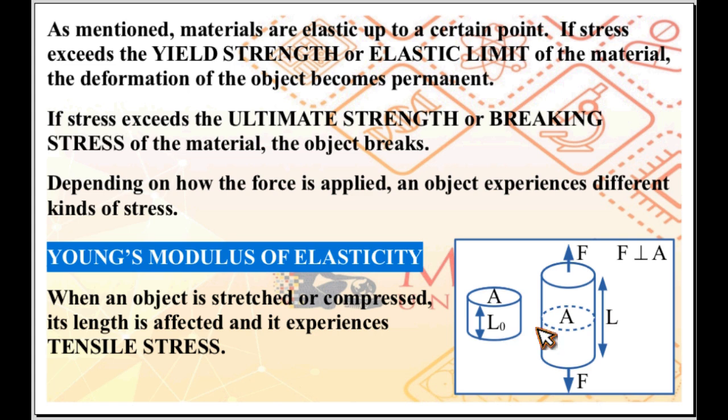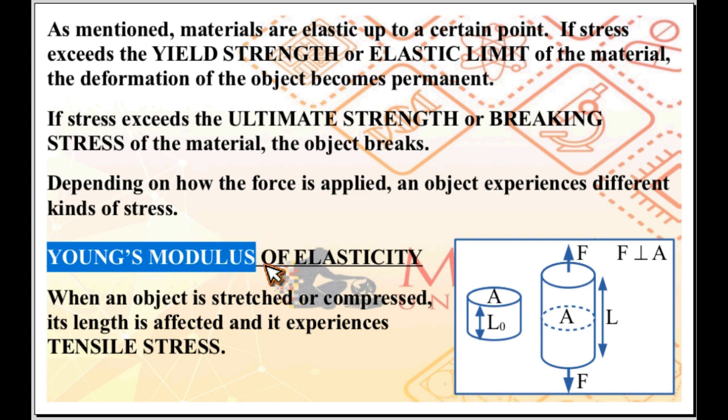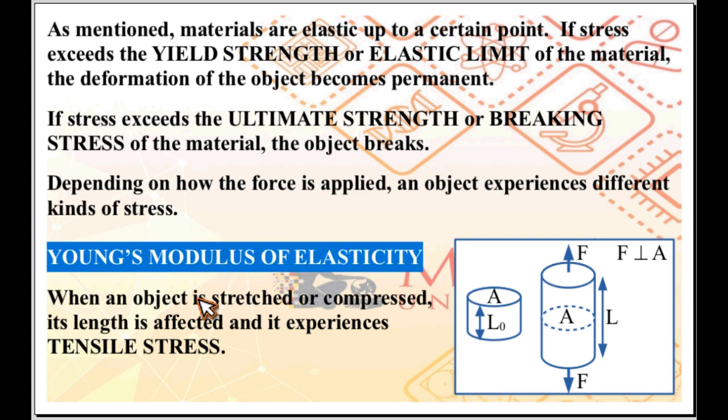The length will change from initial length to final length. The object experiences tensile stress, and the modulus of elasticity for this situation is referred to as Young's modulus or Young's modulus of elasticity.